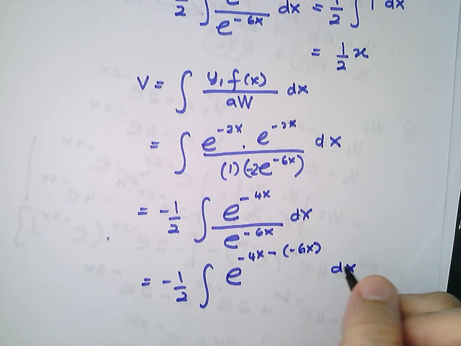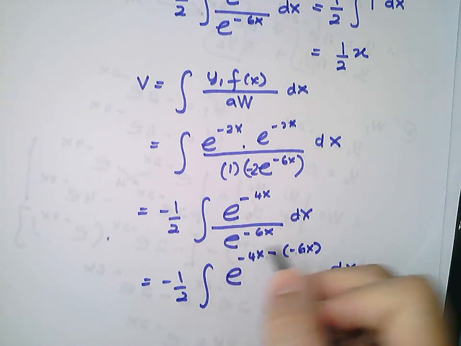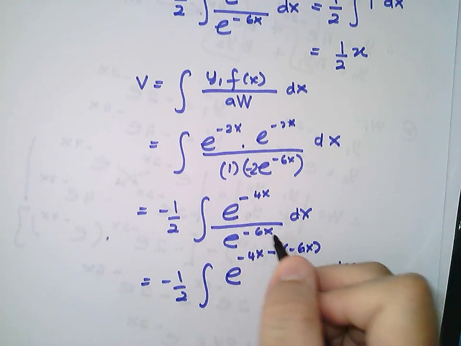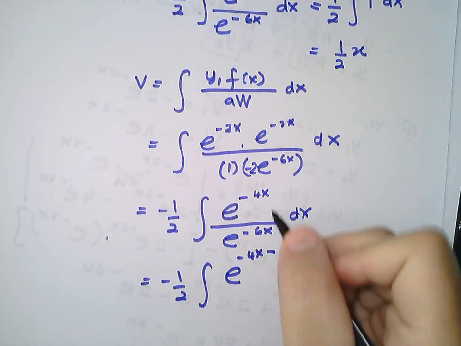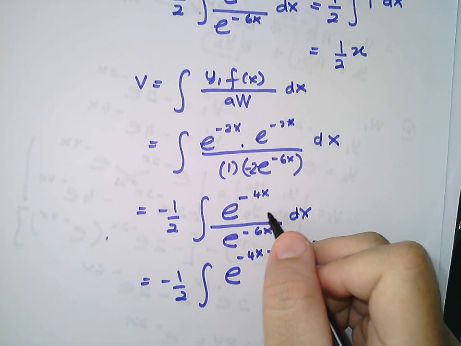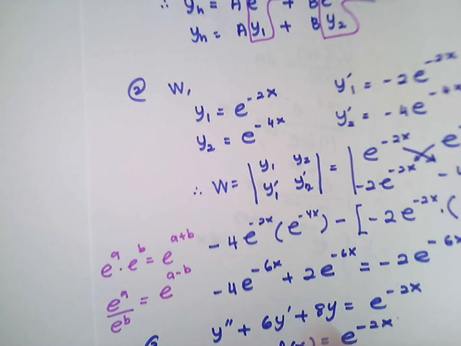Another way of doing it is you just bring the exponent negative 6x to the numerator, so you will have exponent 6x, and you have the same thing.